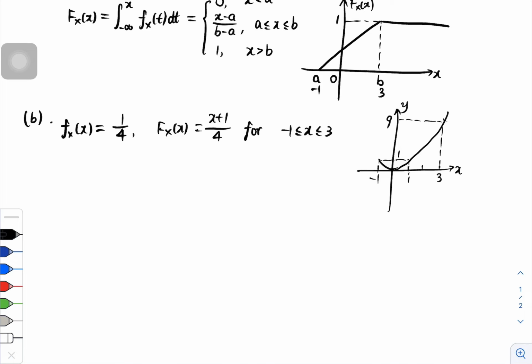One thing is that in this range from -1 to 1, two values of x refer to one single value of y. And in this range, one x refers to one single value of y.